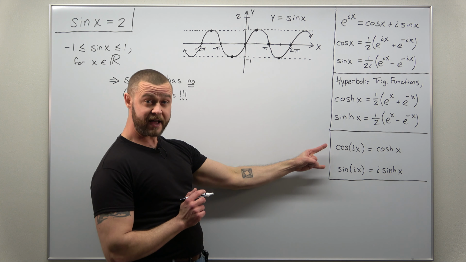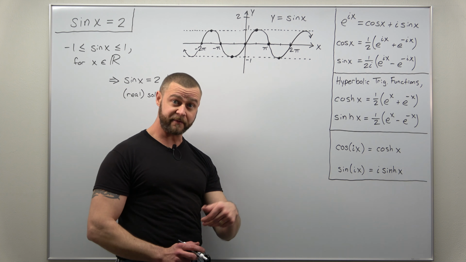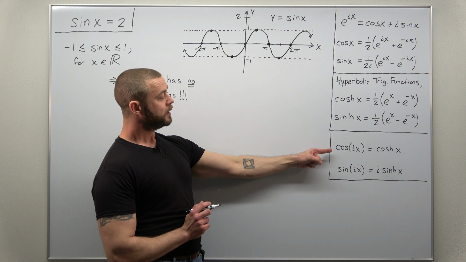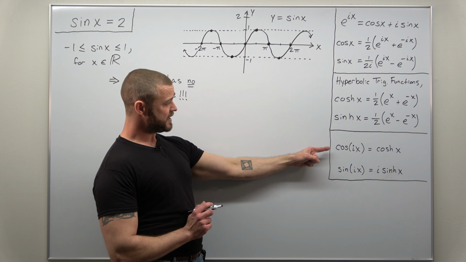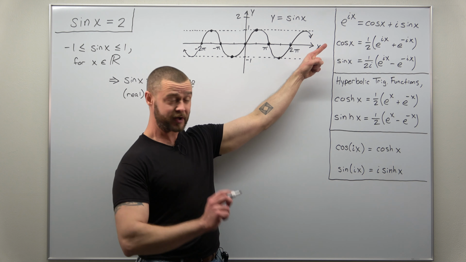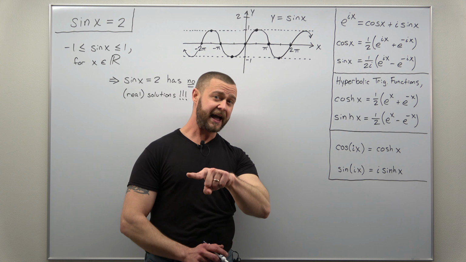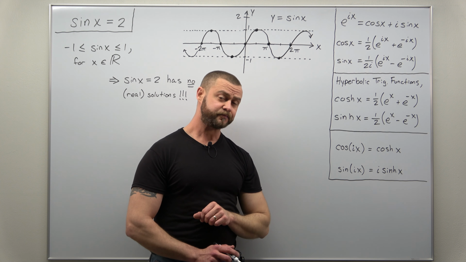Now, there are two identities down here at the bottom, which we're going to use right now to get motivated and build our intuition. You can easily prove these. Go back to your identities for cosine and sine in terms of complex exponentials, and just replace x with ix.